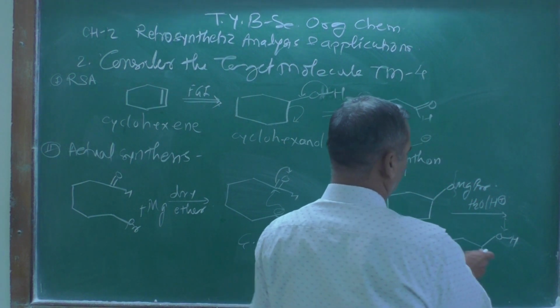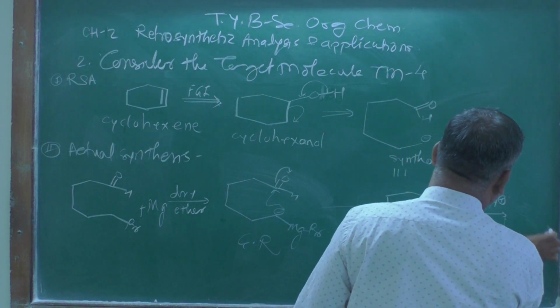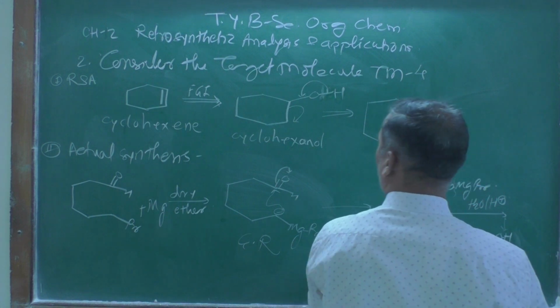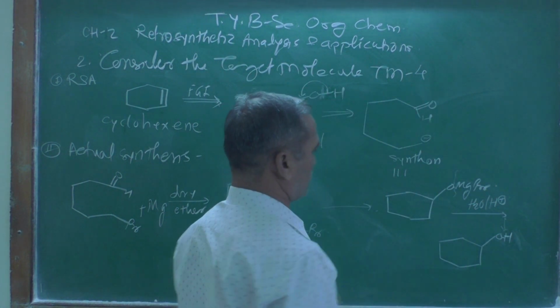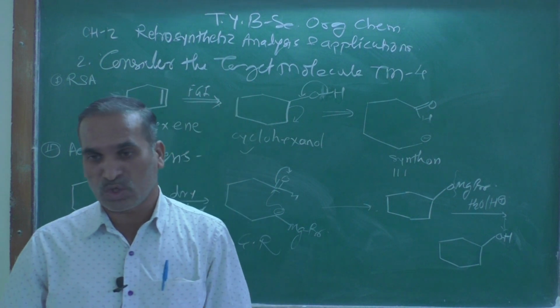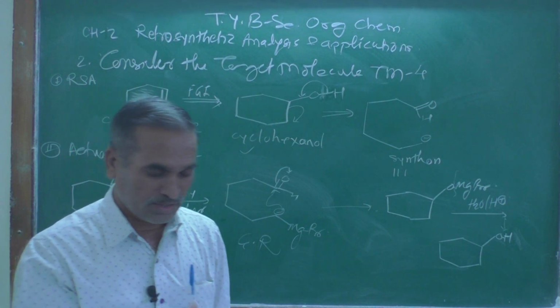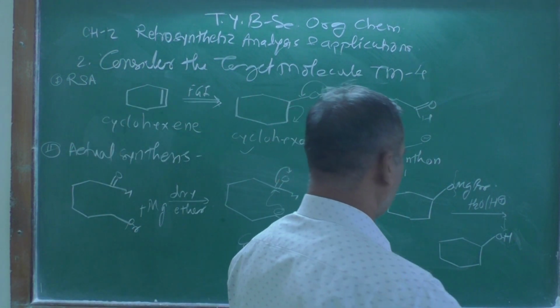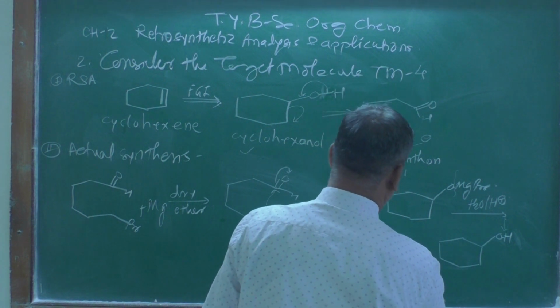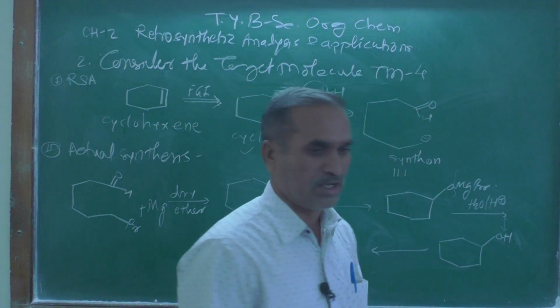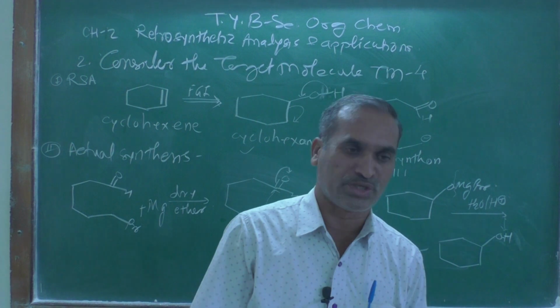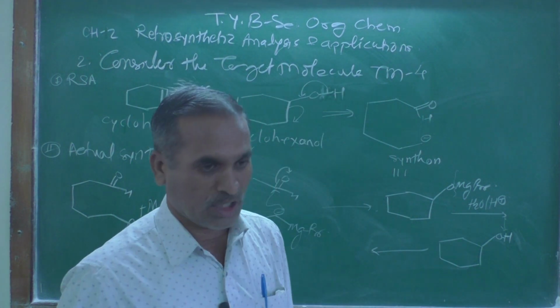So here we have the alcohol, cyclohexanol. As we know, a good dehydrating agent is concentrated sulfuric acid.